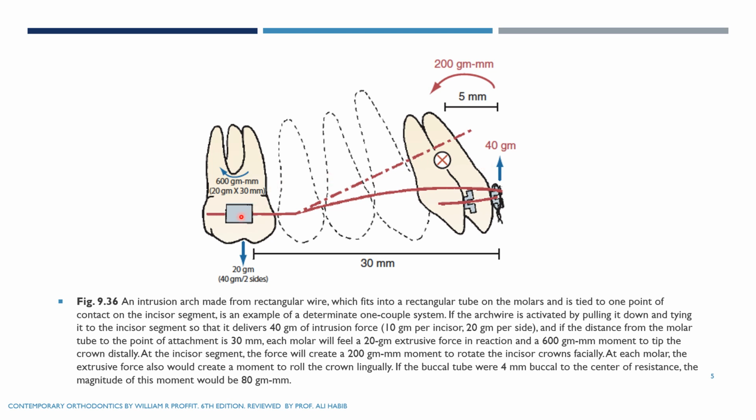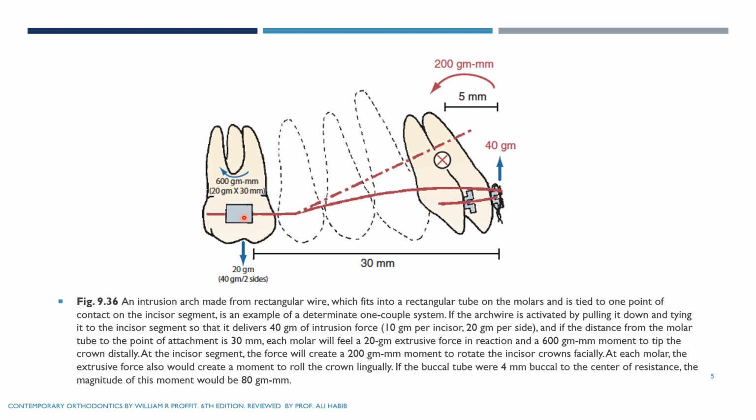At the same time, because the molar will extrude and the molar tube is away from the center of resistance of the molar, if you look at the molar from the anterior view, you can see that the molar tube is buccal to the center of resistance by around 4 millimeters, for example.